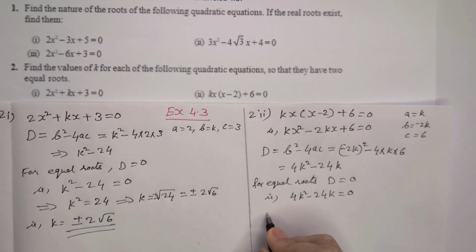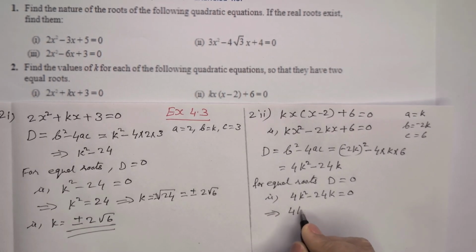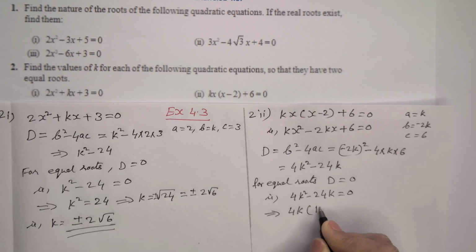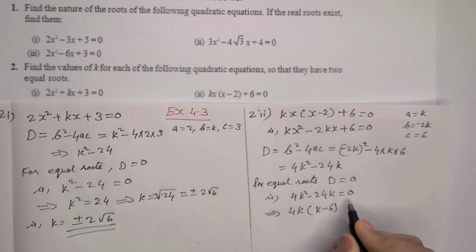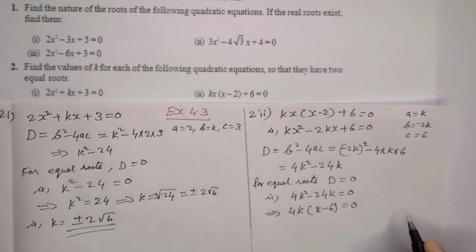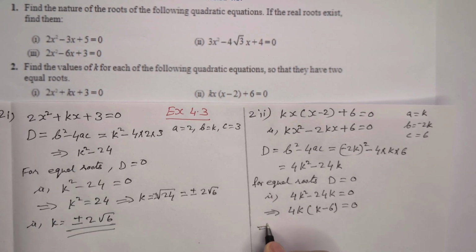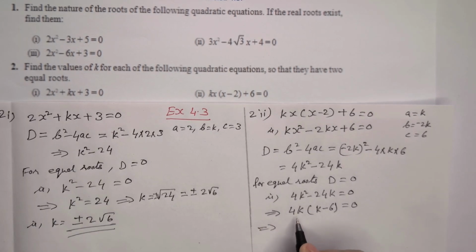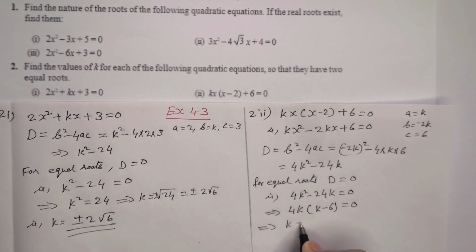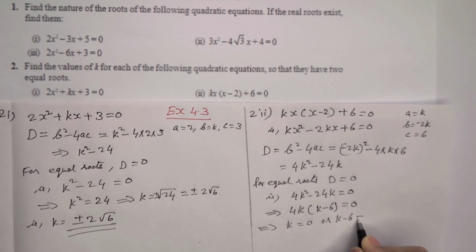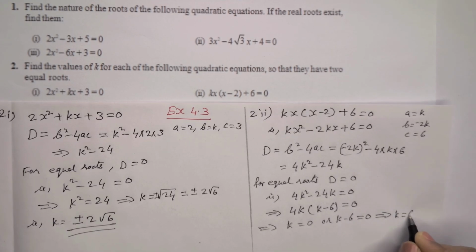This we can rewrite, 4k we can take as common, so k minus 6 is equal to 0, which implies 4 cannot be 0. Then the two options: either k is equal to 0 or k minus 6 is equal to 0. This implies k is equal to 6.